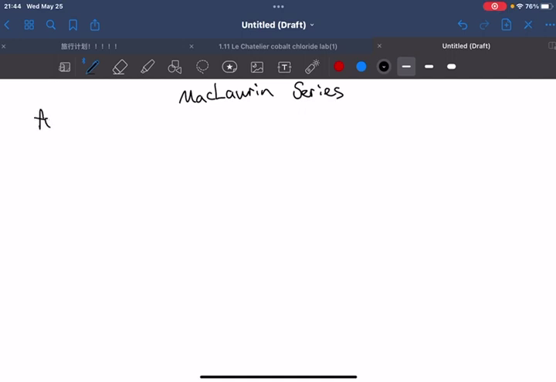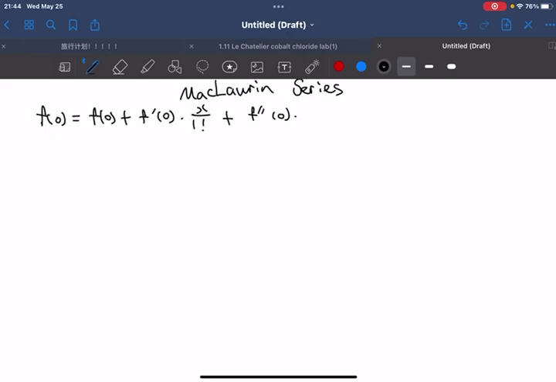So instead of f(x), we are going to have f(0) now, and the first term becomes f(0) plus f derivative of 0 times x over 1 factorial plus f second derivative of 0 times x squared over 2 factorial plus f third derivative of 0 times x cubed over 3 factorial, and so on.